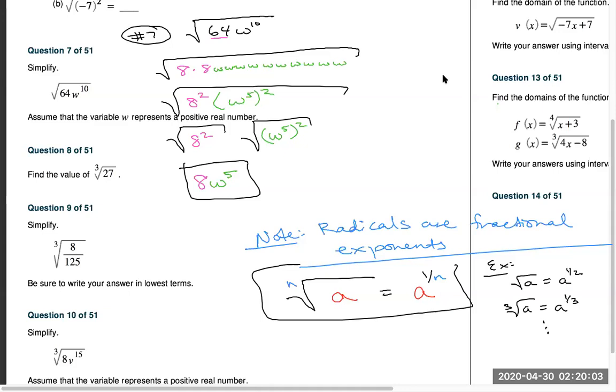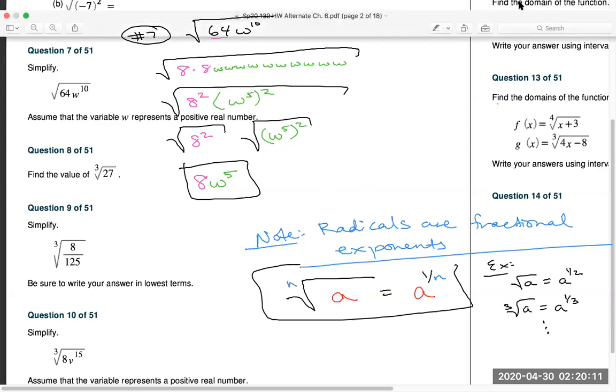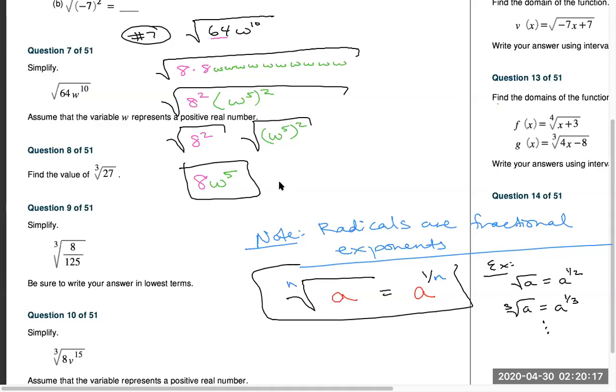So an alternate method that you could have used for number 7, I'm just going to erase this.